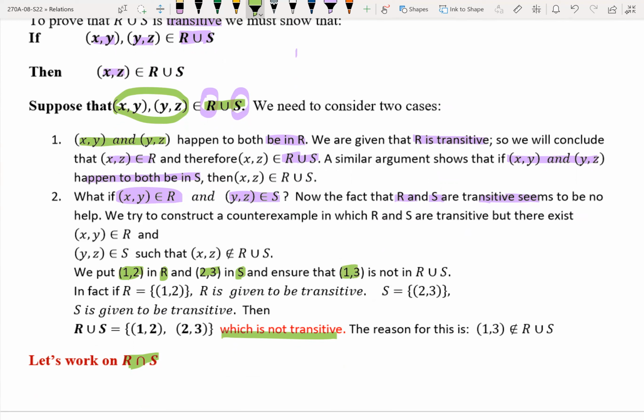So I define my R to be exactly one unique element, 1 and 2. And then I define the S to be exactly 2 and 3. And then your union is going to be 1, 2 and 2, 3, which does not have 1 and 3. So that fails to be transitive.